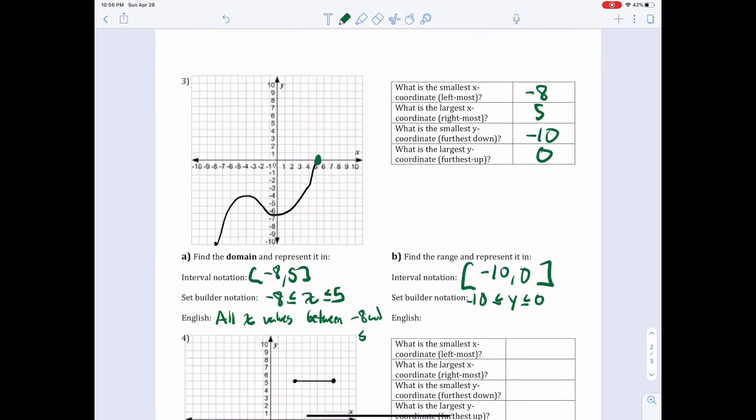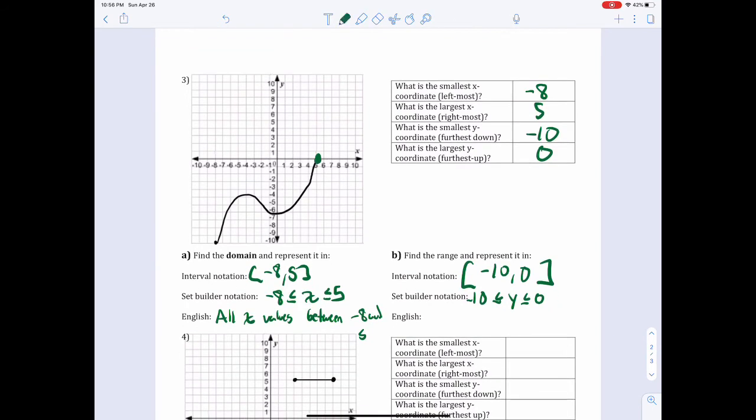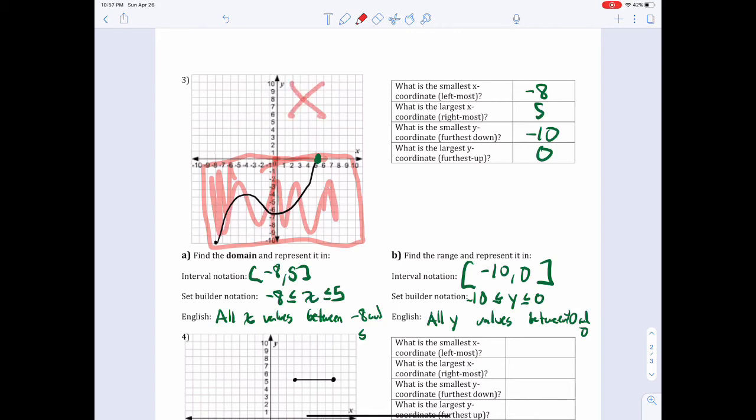And then in English, it's all y values between -10 and 0. If you look at your graph, negative 10 and 0, that's the only place we're seeing our graph, between the y values of negative 10 and 0. We're not up here. We're only between negative 10 and 0 for the y.